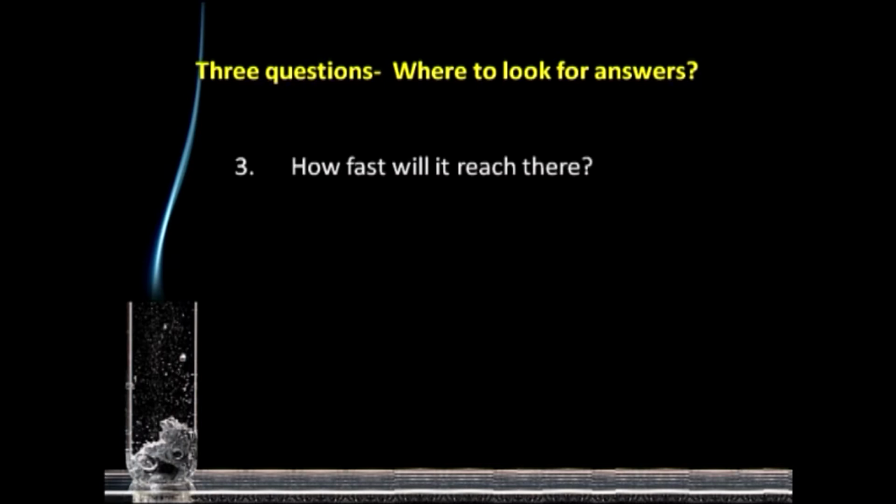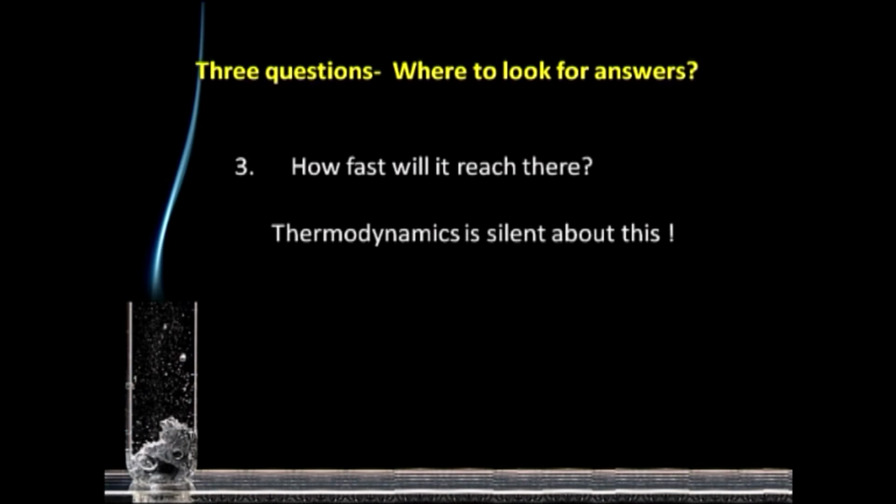The third question: how fast will it reach the equilibrium? A very good question at that, and thermodynamics is silent about it. Thermodynamics is bothered about the initial state and the final state. How the path is covered, thermodynamics is not interested.